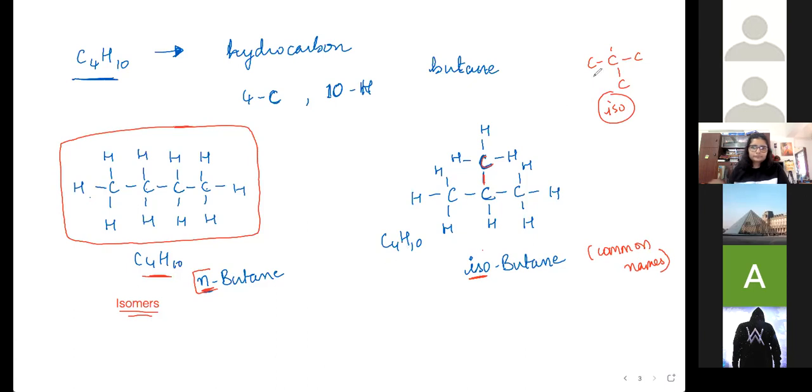With the IUPAC name, it will be butane only. For which one? This one, butane only. So the IUPAC name for this is going to be butane only. For the branched one, the name will be 2-methyl propane.